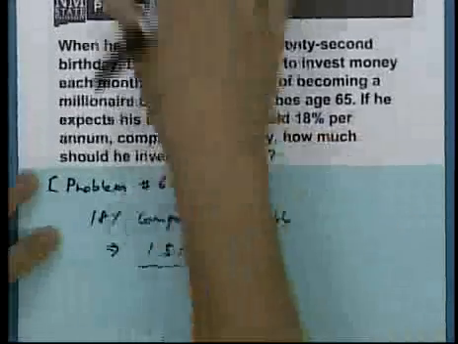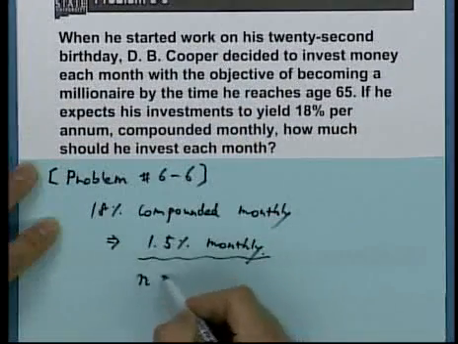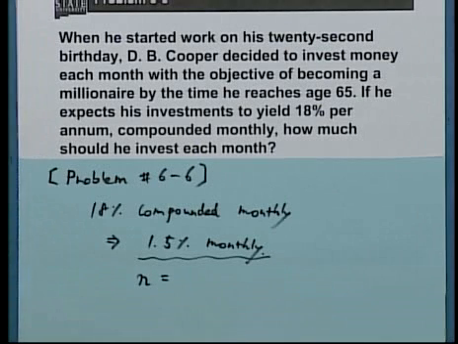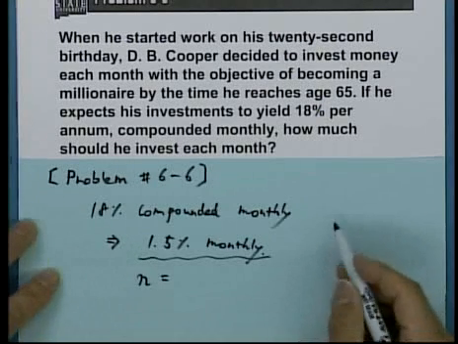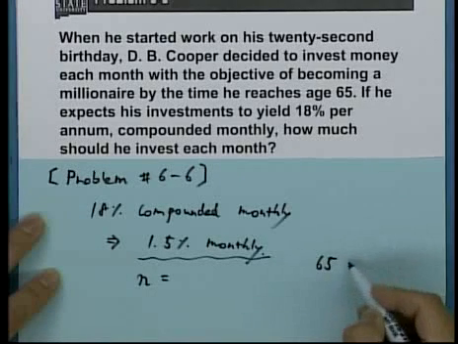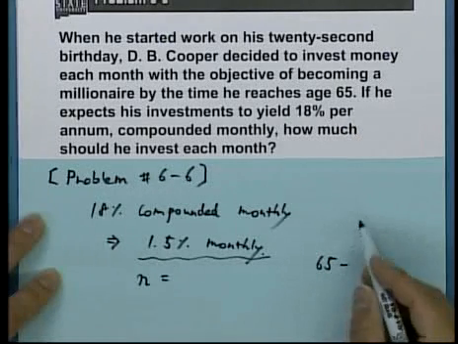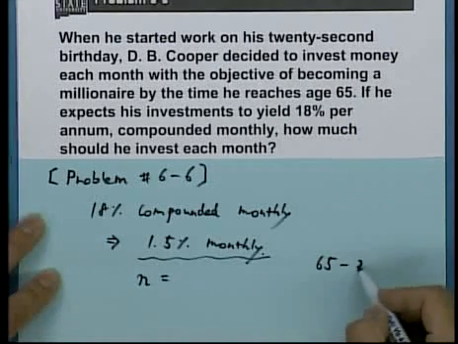Then what about the interest periods? How many years should be considered? 65 years minus 22 years, right?